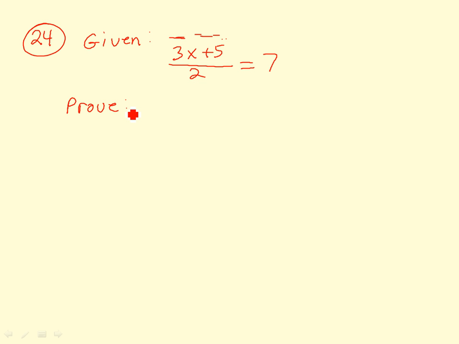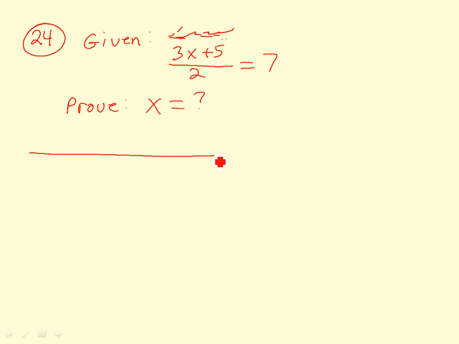You have a given statement. You have given information, then you have what you're trying to prove. X equals, and I'm sure they give us an answer, but we'll figure out what X is.